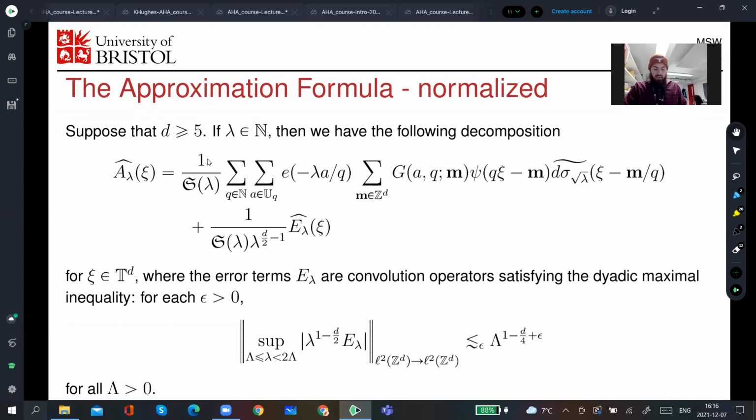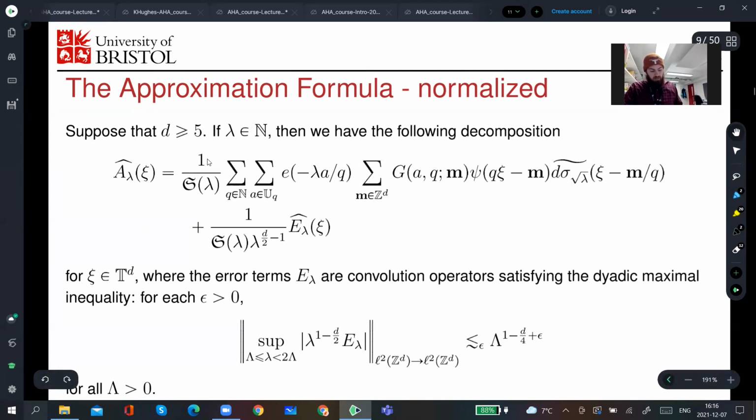Up to an error term, which is as good a quality as the error term for the Fourier transform of the indicator function, we have that the approximation takes the following shape.